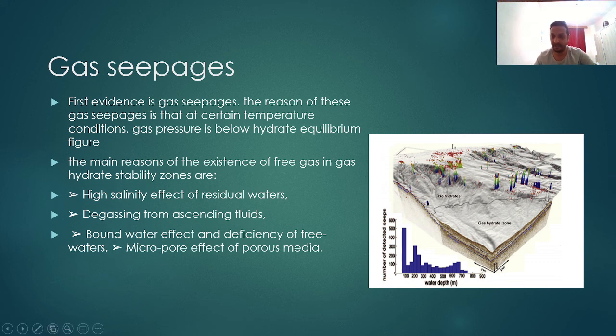This is the map of an area located near the Bulgarian coast. It shows us that there are some gas seepages. This is a clue, a strong clue or evidence that there must be gas hydrate.